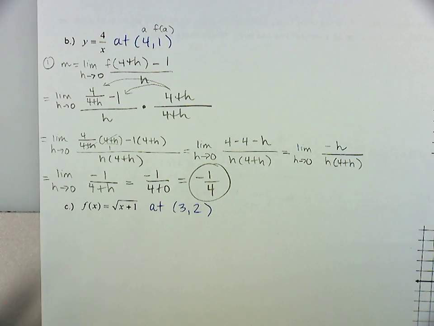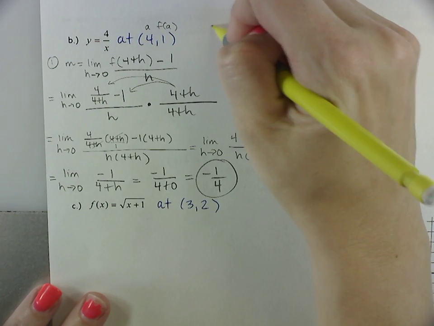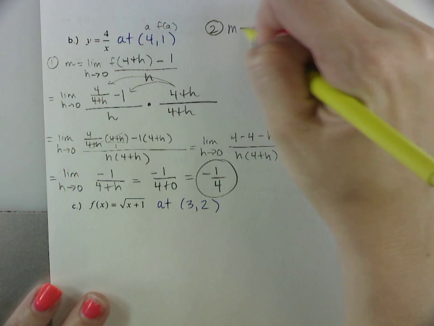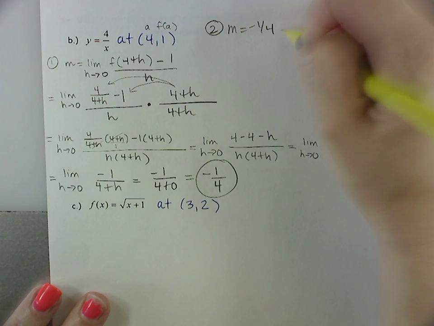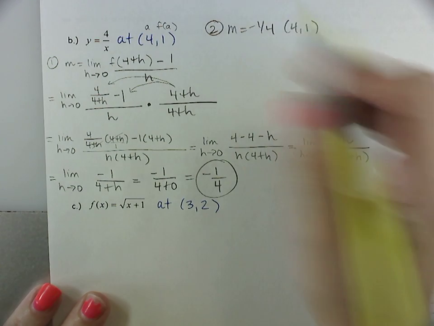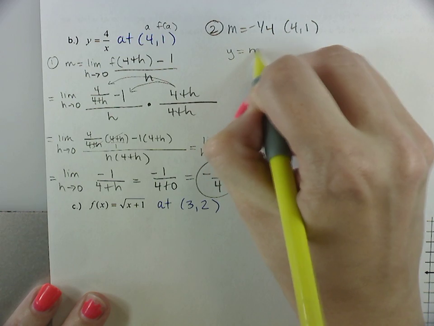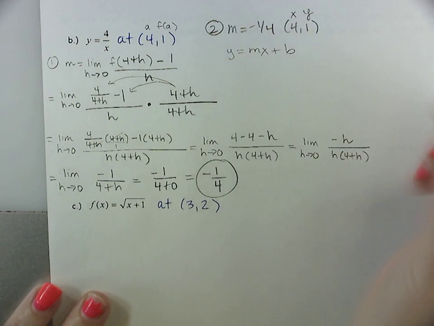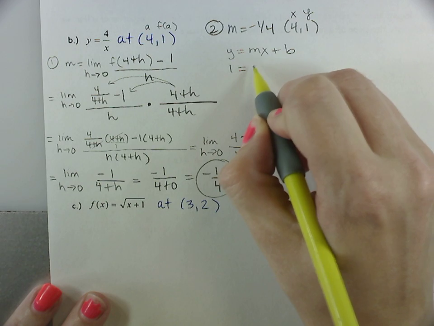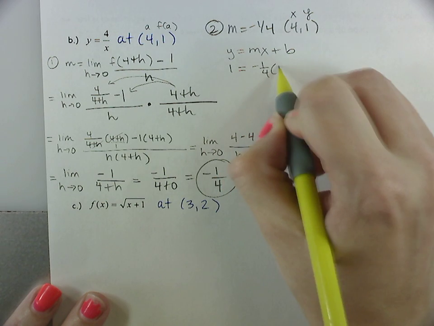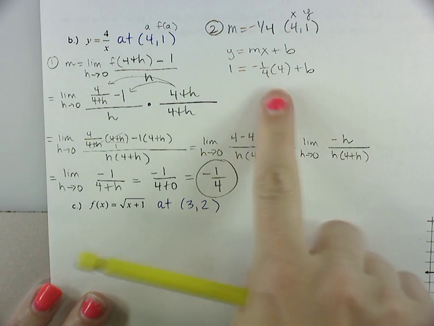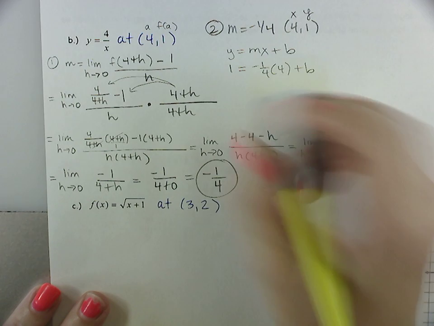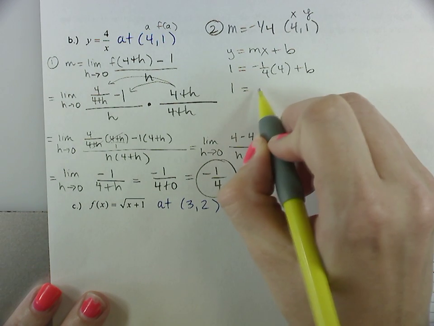Okay, so then for step 2, you're going to find the equation of the line. And like I said, you can decide how you want to do that. You can use your slope as negative 1/4 and your point is 4, 1. Do you guys want a reminder on how to do it with the mx plus b? So like this is your x, this is your y. So 1 equals negative 1/4 times x plus b.